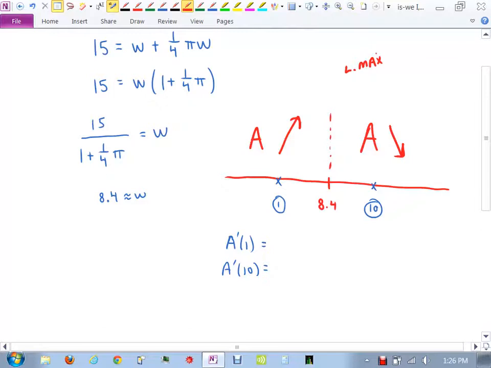But why can I be assured that that's the only maximum? How can I be sure that the endpoints aren't higher? How do I know the endpoints of this function are not higher than that maximum?